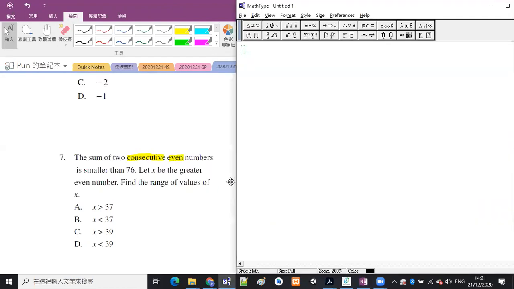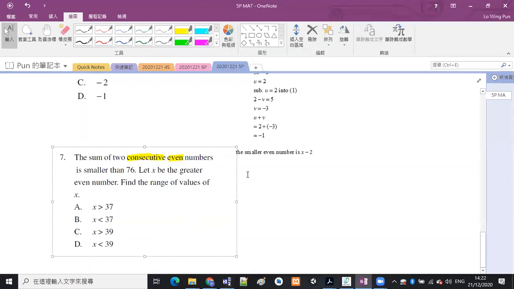The sum of them, that is x plus x minus 2, is smaller than 76. Can you get this? So we have 2x minus 2 is less than 76, 2x is less than 78, and x is less than 39. So that is the answer. Can you get this? Option D.